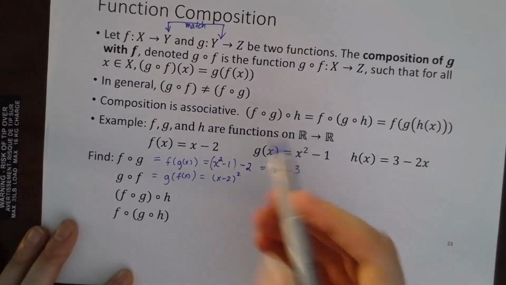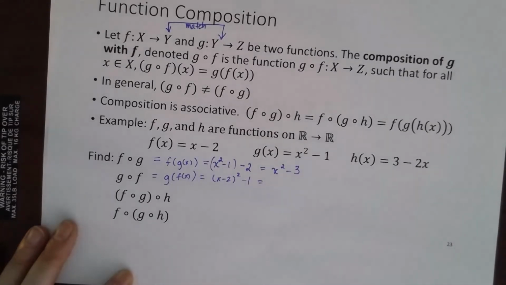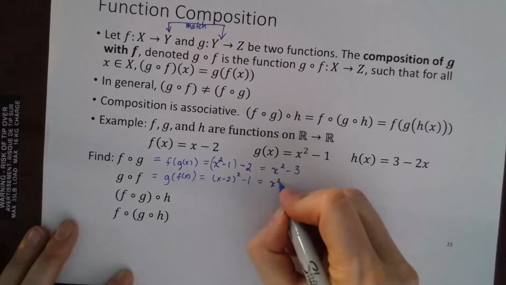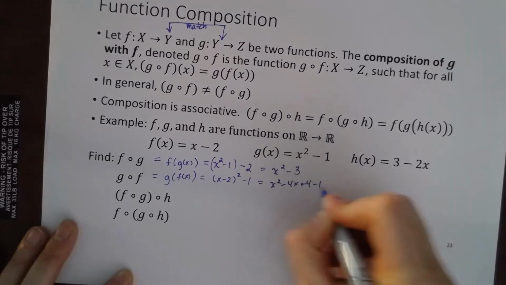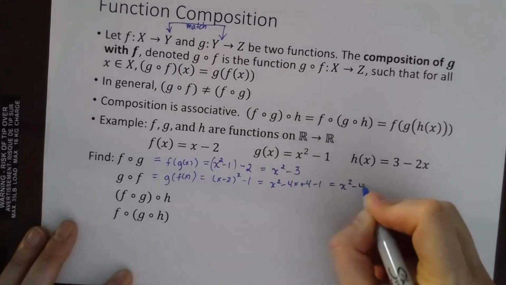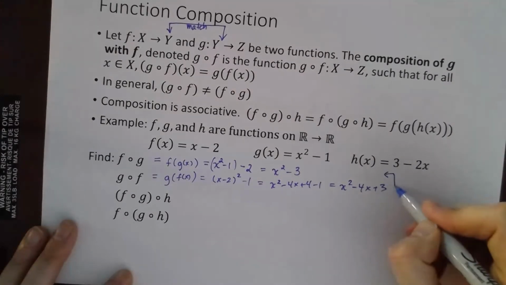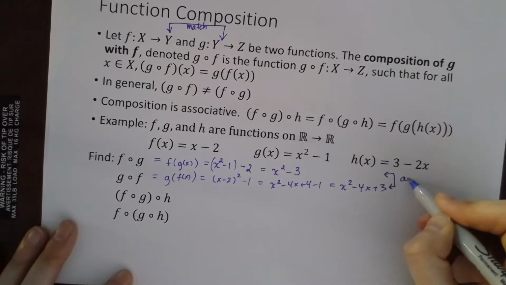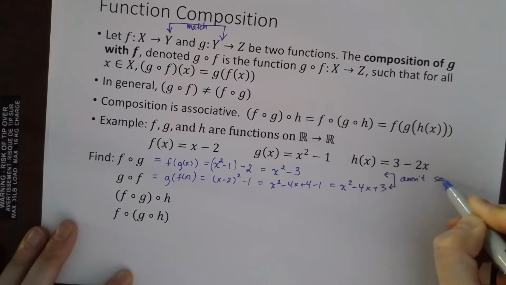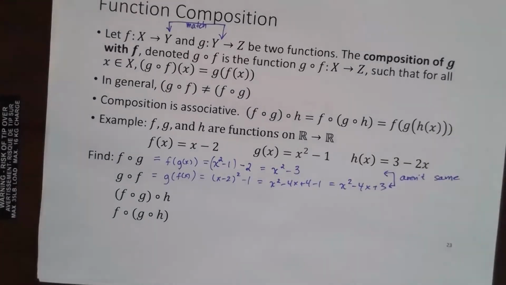And then we'll subtract 1 from it. So this one will be x squared minus 4x plus 4 minus 1, or x squared minus 4x plus 3. So notice, as we expected, these aren't the same. And generally that's true. f of g and g of f are not going to be the same.